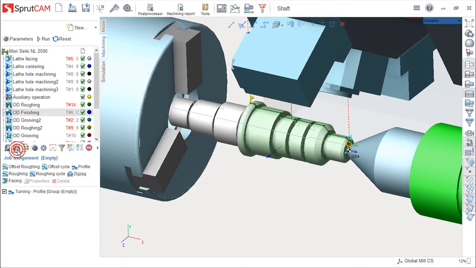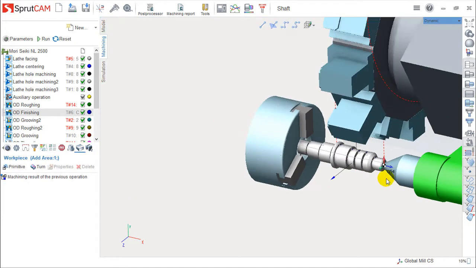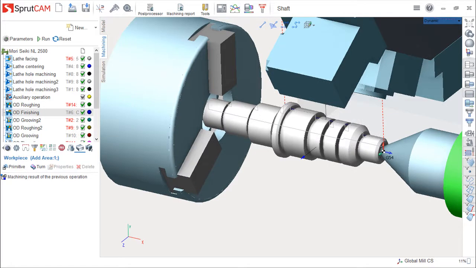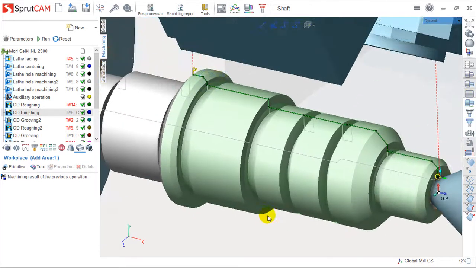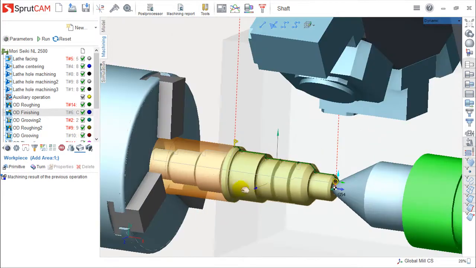A note also for this area here, because these concepts of the job assignment, the block, what we call the workpiece, and so on, are also available. You can play with them. We should play with them also.